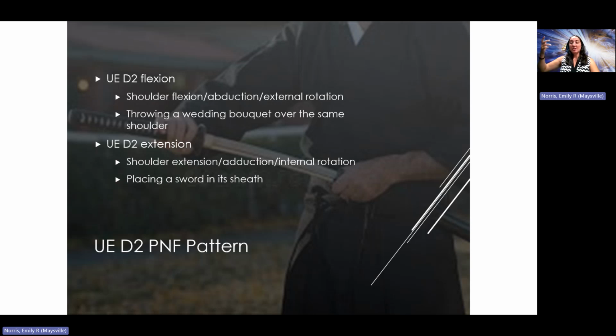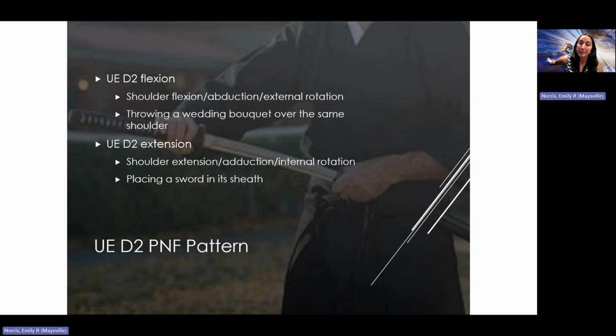So D2 flexion is shoulder flexion, abduction, and external rotation. You grab the seatbelt and then you go towards extension, adduction, and internal rotation, as if you're putting the sword back in its sheath, or you're buckling your seatbelt. That is D2. So D1, do it with me again. Grab the earring and throw it behind you.